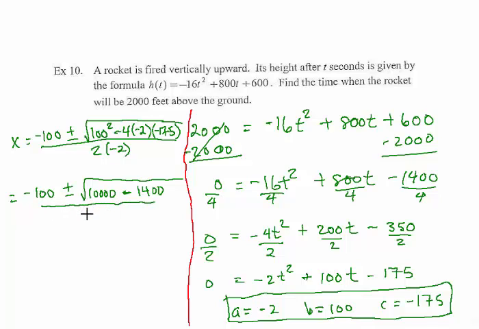And on the bottom we have 2 times a negative 2, which is minus 4. And we'll go ahead and separate the two terms on the top into a minus 100 over a minus 4, plus or minus the radical over a minus 4. The radicand is 10,000 minus 1,400, and so inside we get 8,600.